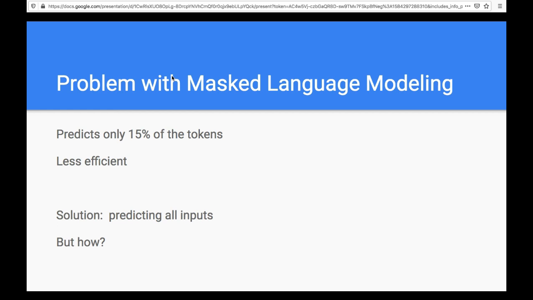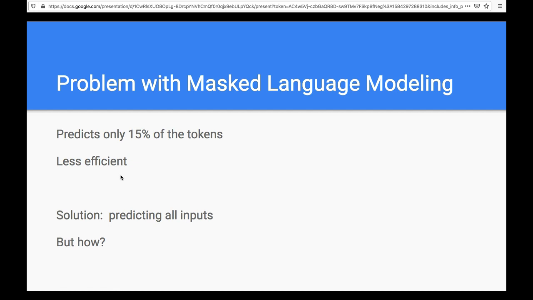The solution they propose is to predict all the inputs. For example, with the example "I have a pen", in BERT training you will probably mask one or two tokens and try to predict those. This paper suggests you predict all of them, not just the masked ones.